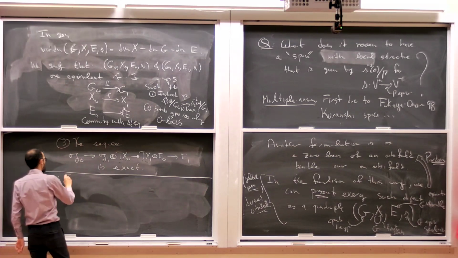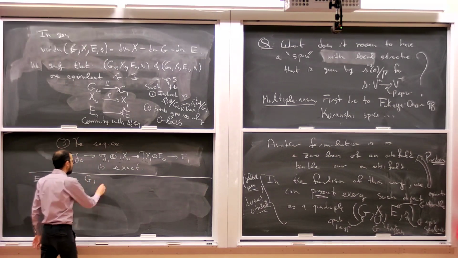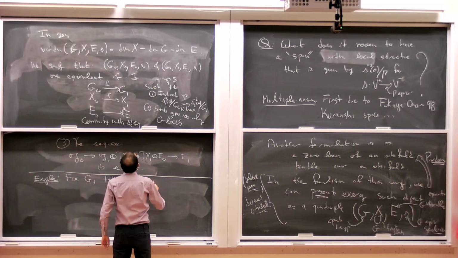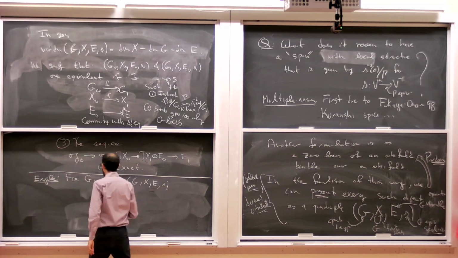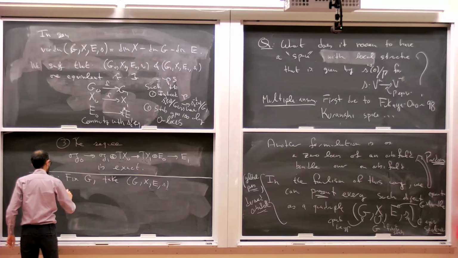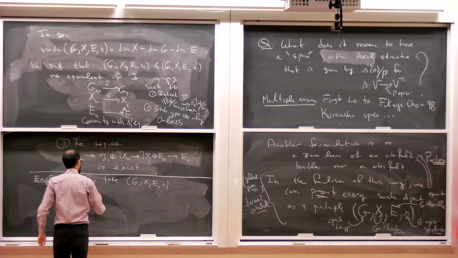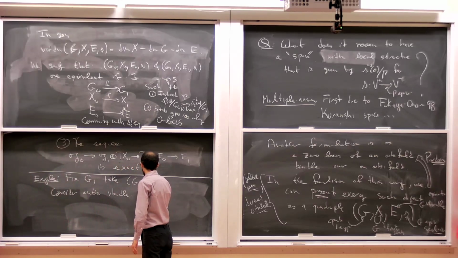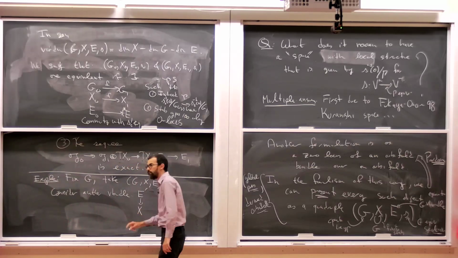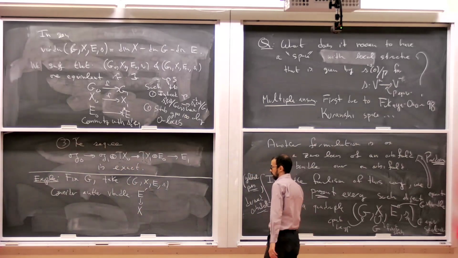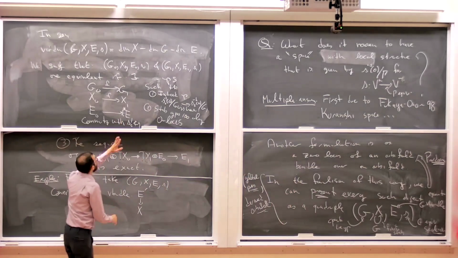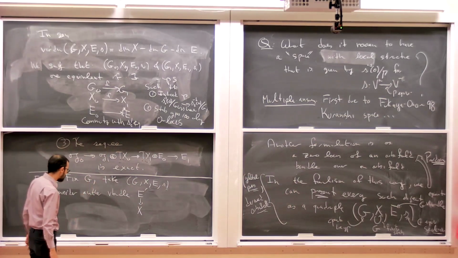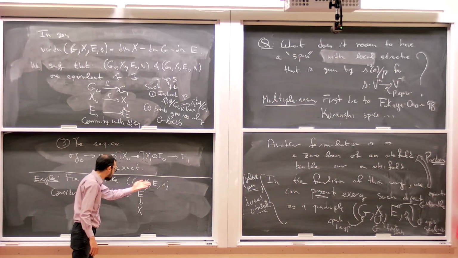So fix G and take some (G, X, E, S), and now consider another vector bundle, let's call it E prime over X. So what I'm going to do is produce for you an X prime, an X1, that is equivalent to X and that has some interesting information in it, that somehow displays some non-trivial equivalence.